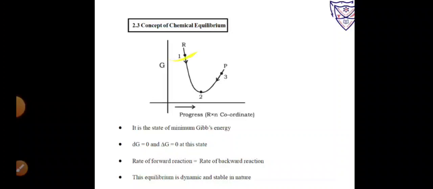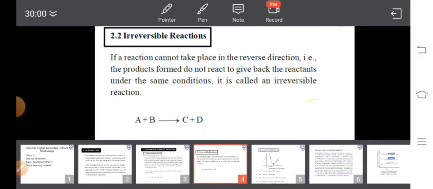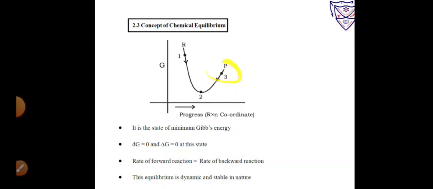As you can see here, this is a reactant and this is a product. So the reactant tries to go to the product, and once the product is formed, it again tries to come back to the reactant position. So the number 2 shows what? The reversible reaction. So it shows the concept of the chemical equilibrium.